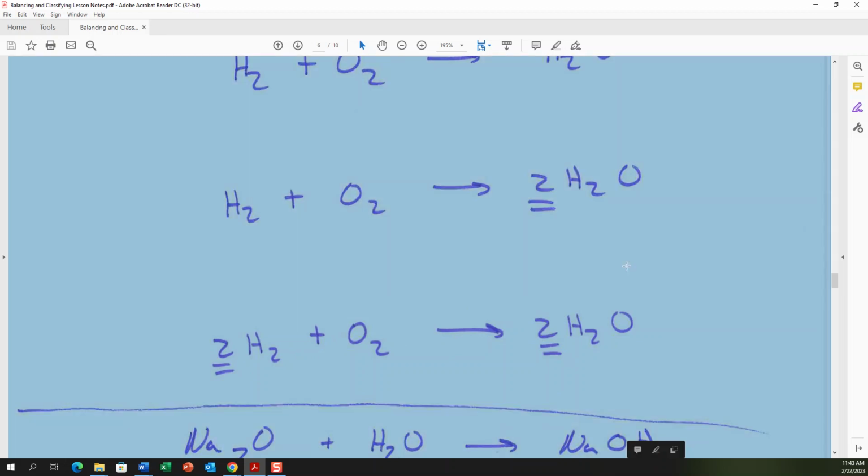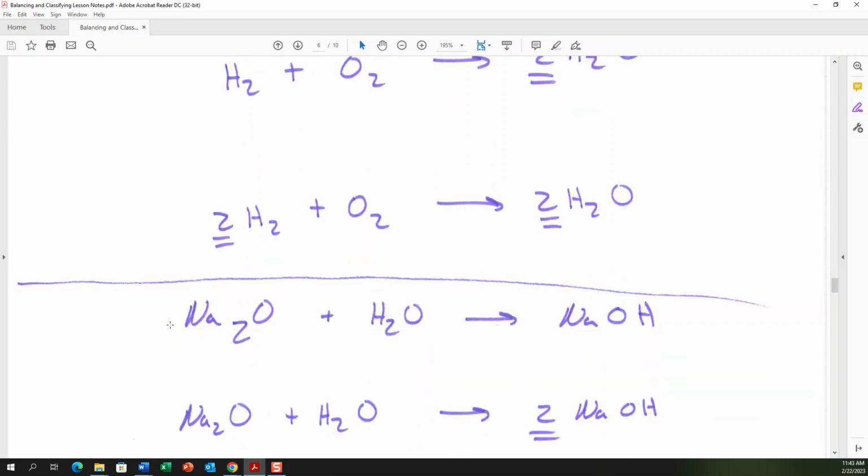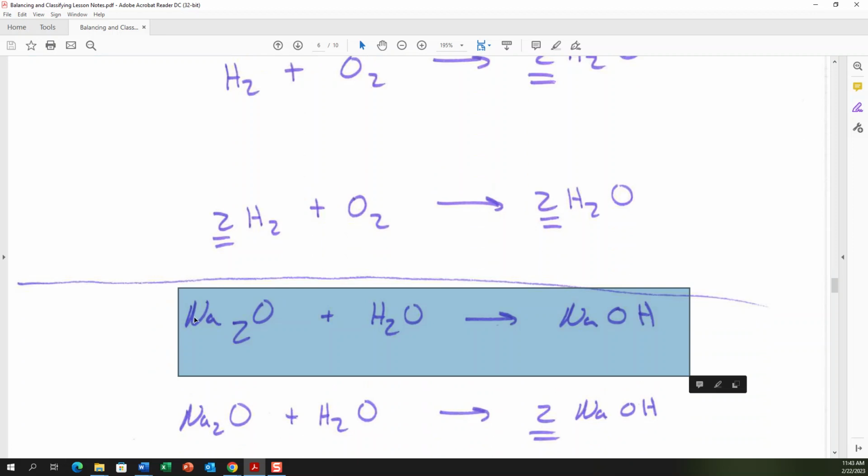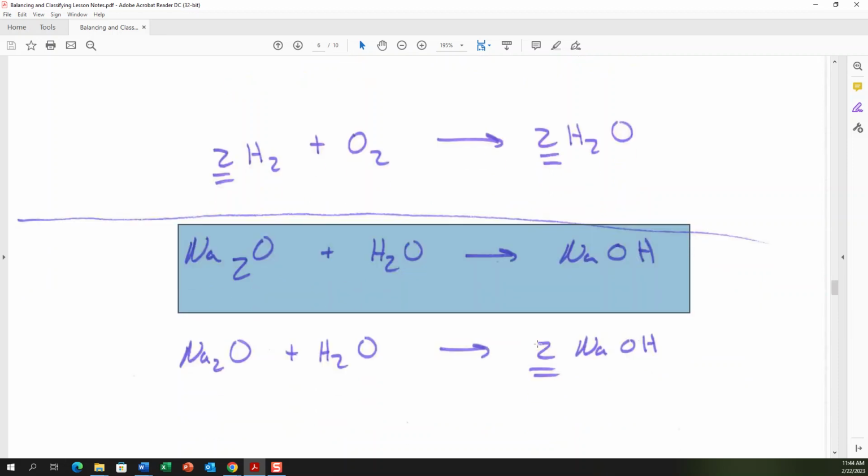Okay. So let's look at this one. I got 2 sodiums, but I only have one sodium on this side, so that's why I put a 2 here. I have one oxygen plus one oxygen, so I have 2 oxygens on this side. And now that I have a 2 here, I have 2 times 1 oxygens on this side, so I have 2 oxygens.